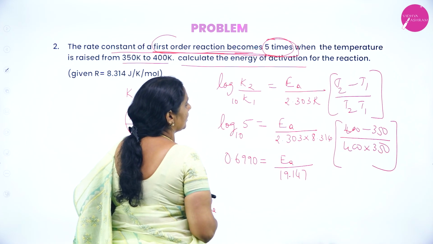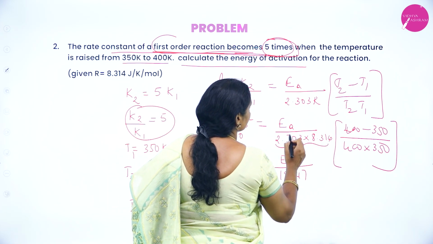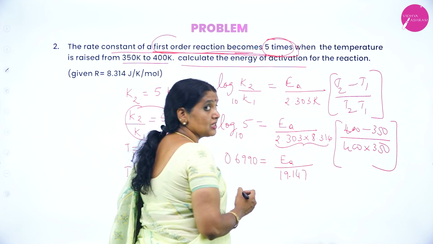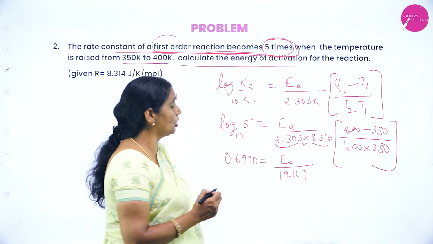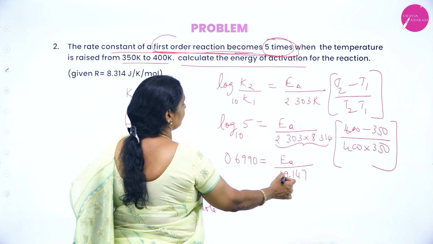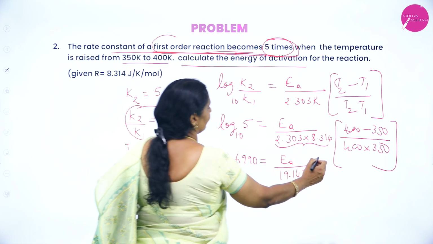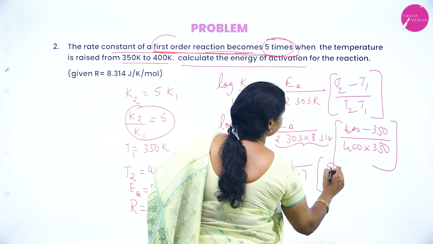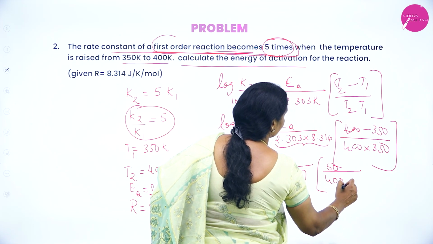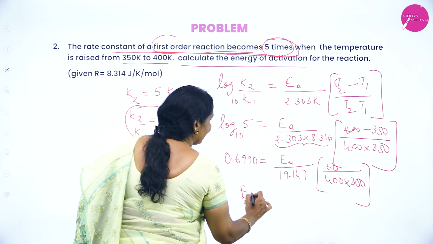the product of this is 19.147. Always, my dear student, remember the product of these two, because in every problem as well as for your competitive exams also, the product of 2.303 into 8.314 is always 19.147. It is 50 divided by 400 into 350. Now we want EA.